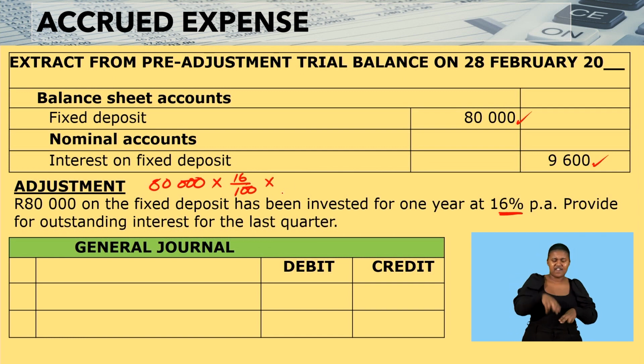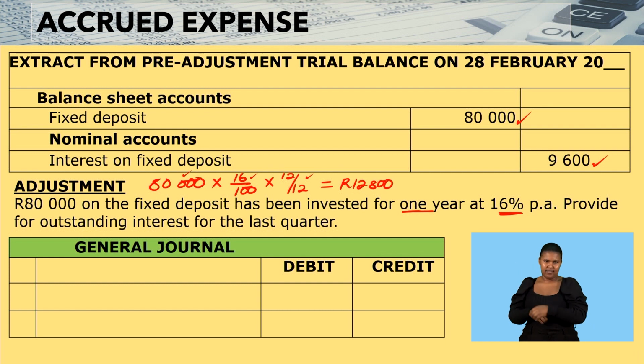And we are being told that this fixed deposit was there for 1 year, that is 12 months, multiplied by 12 over 12. If you punch this in your calculator, 80,000 multiplied by 16%, multiplied by 12 over 12, it should give you 12,800.